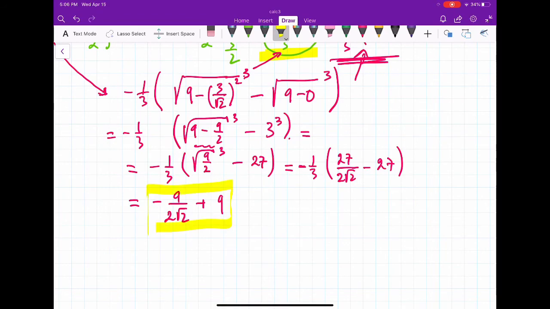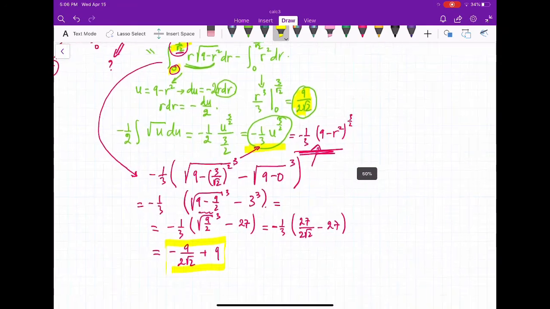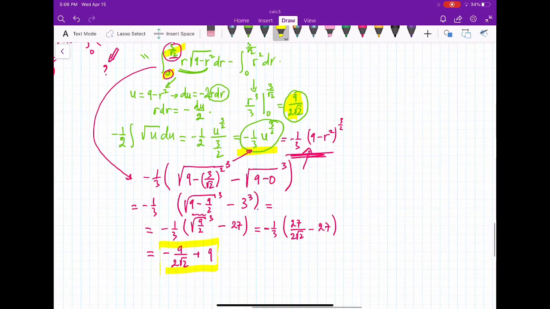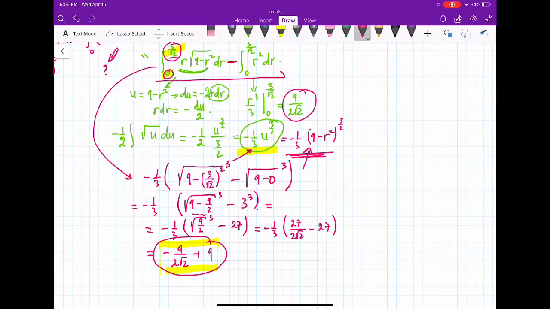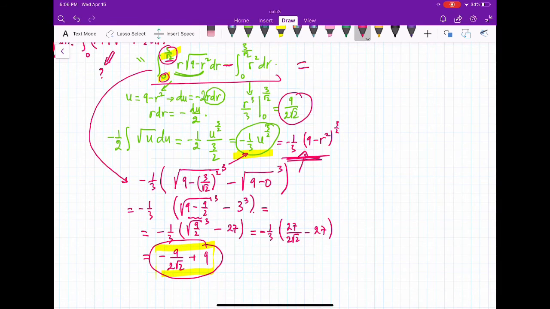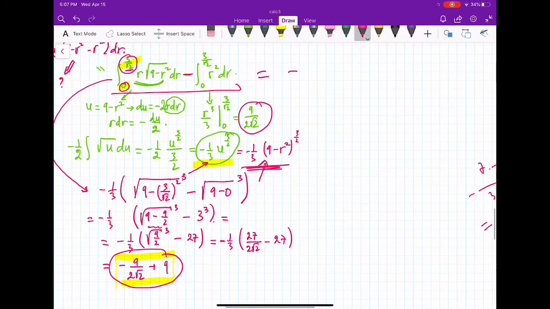Alright, so we already have the result for the first integral. Overall, I will compile this number and this number together, right? So basically this integral is equal to negative 9 over 2 square root of 2 plus 9 minus 9 over 2 square root of 2, right?